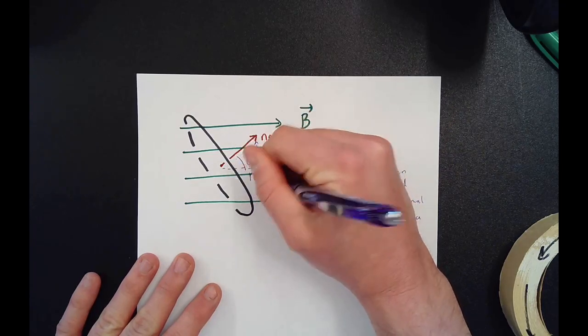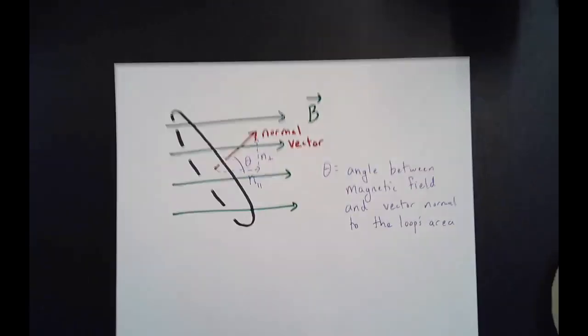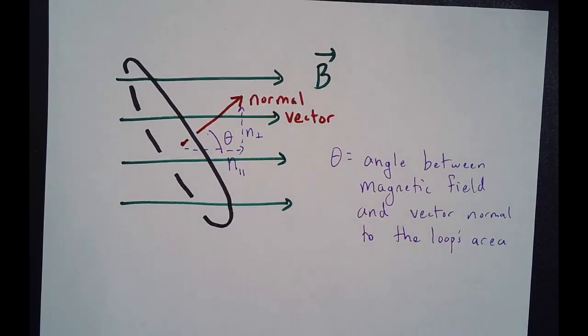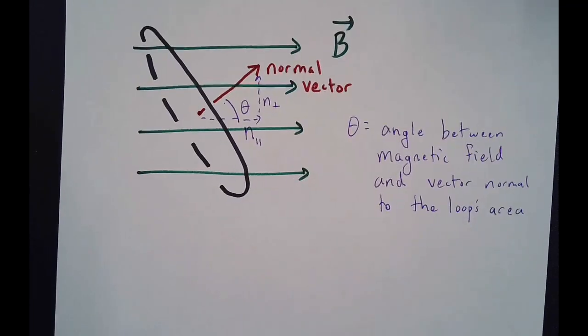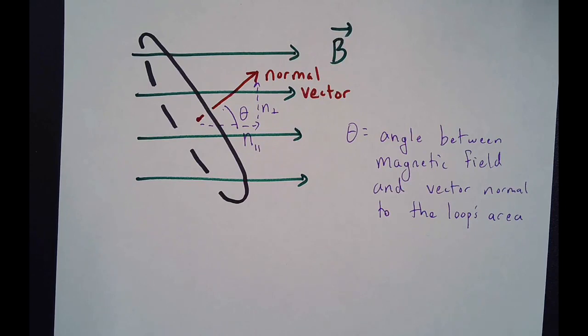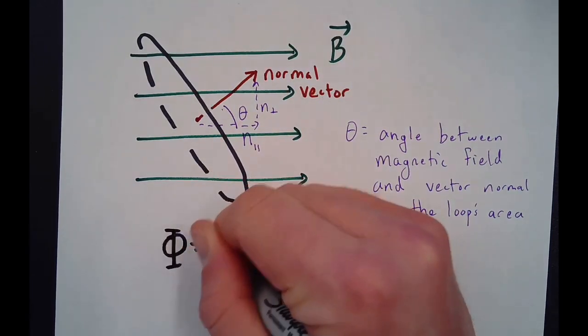So our flux definition then is B times the area that's perpendicular to the field, which, if we use the conventional angle, is B times A times the cosine of the angle.